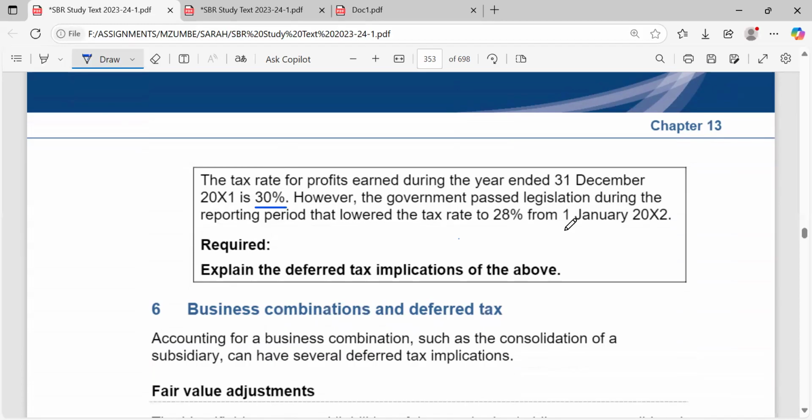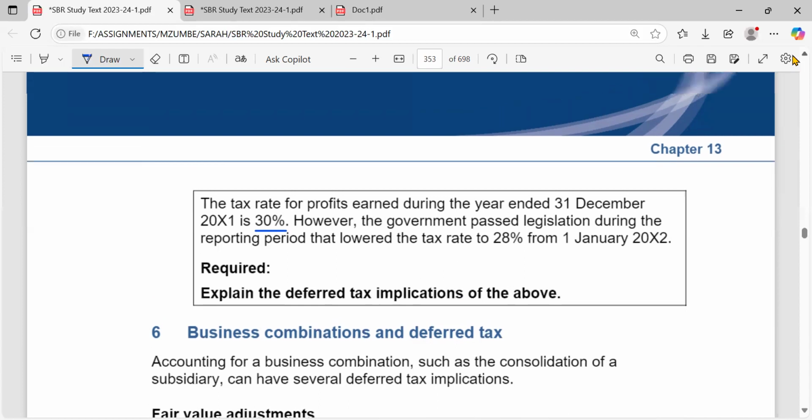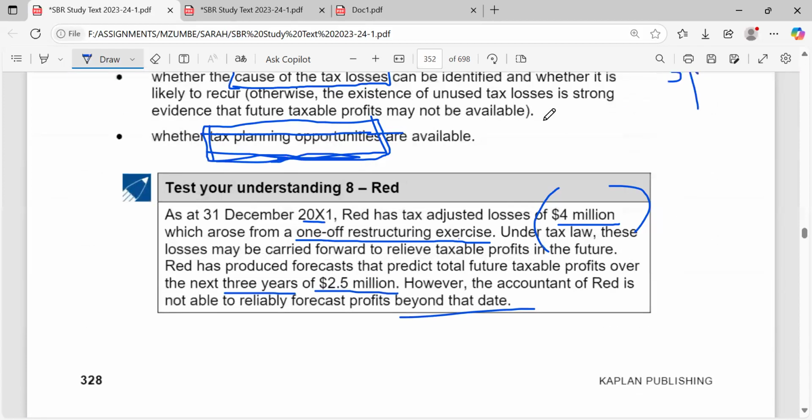Okay, what are you going to do? So you also have these two tax rates, and you have to apply the principles you applied before, but this one starts from 1st January 2022, and here you are on 31st December 2021, right? So you obviously know that the tax rate of 28% is going to be used there.